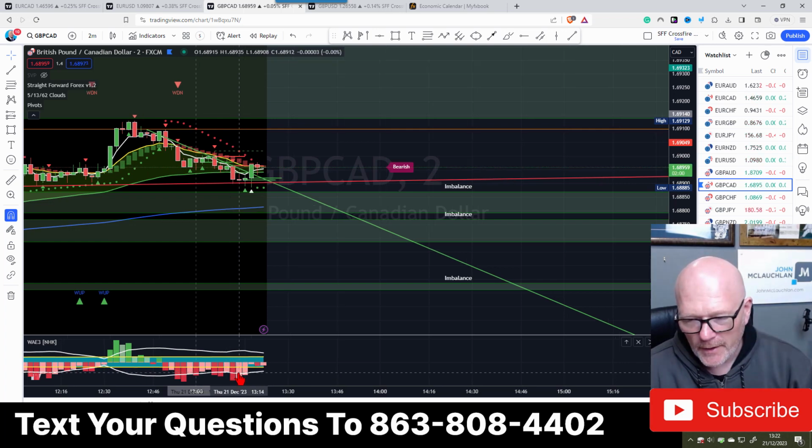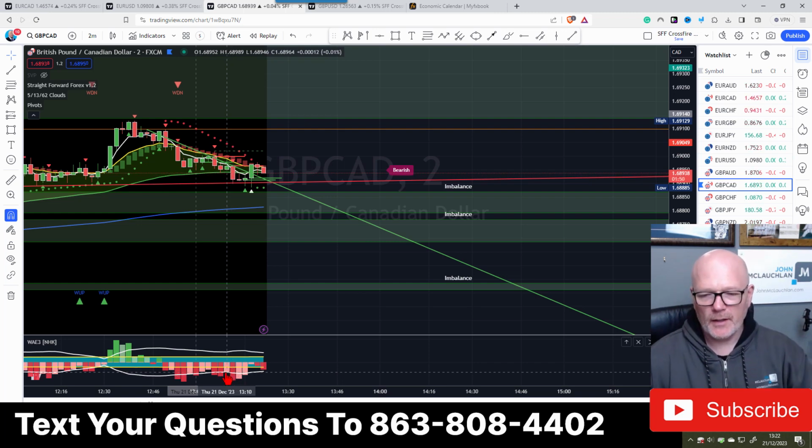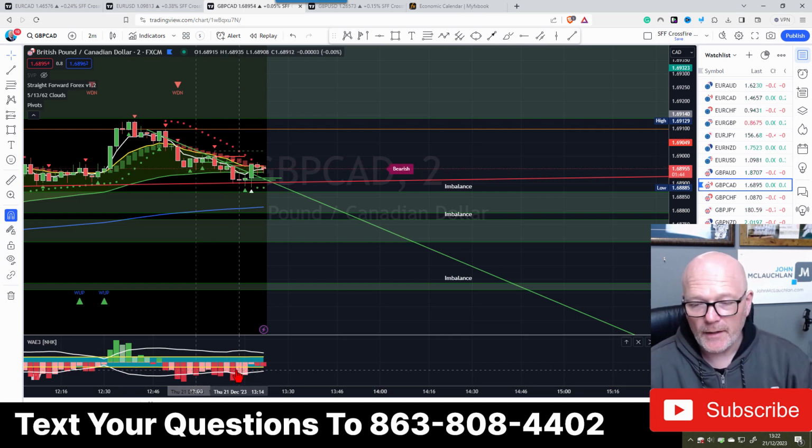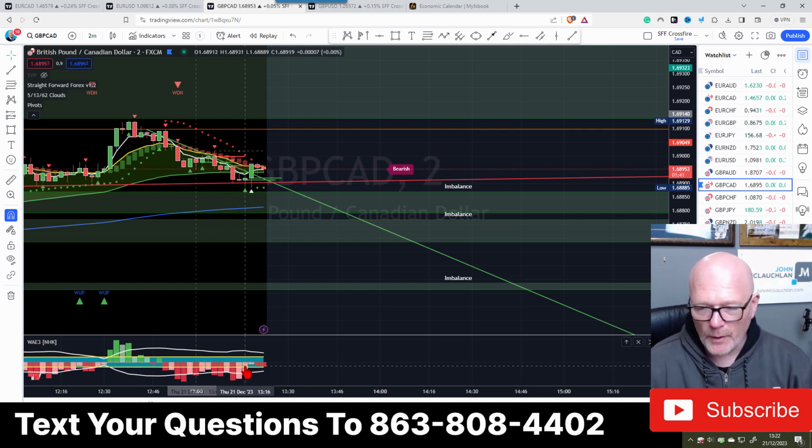White line, and when it's pulling away from the dead zone, which is this blue area with these yellow lines, that indicates a little bit of strength. So the darker red is strength, the line moving away from that dead zone indicates strength, and the salmony pink is a bit weaker.